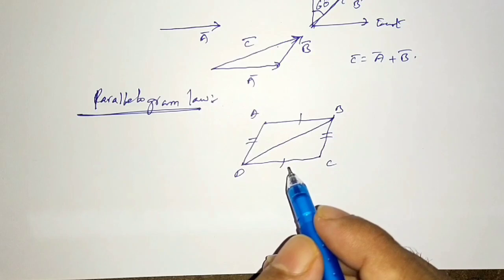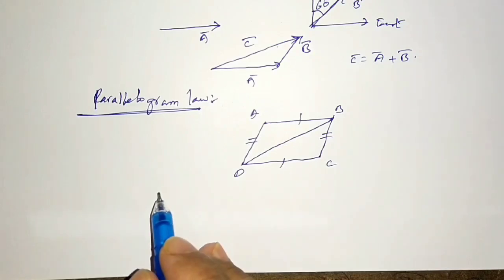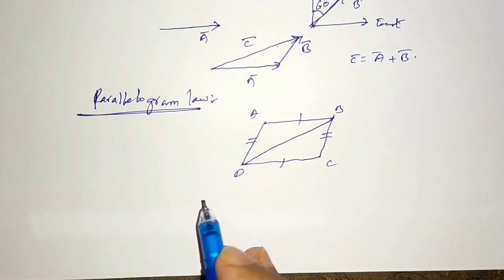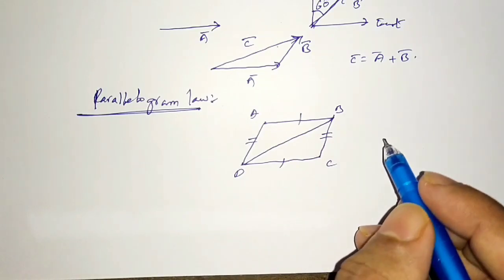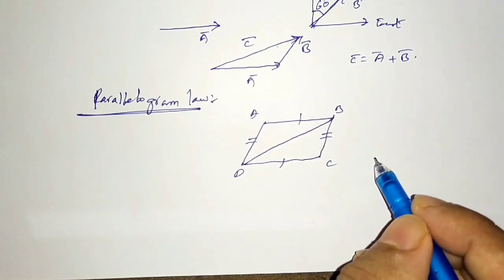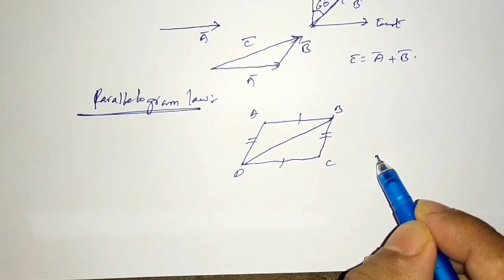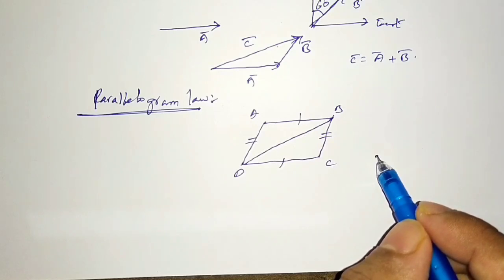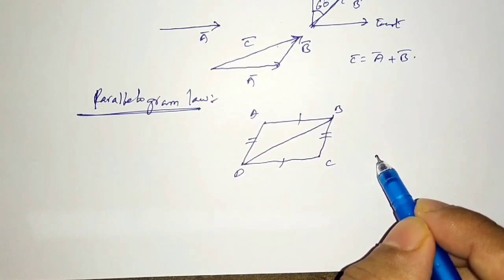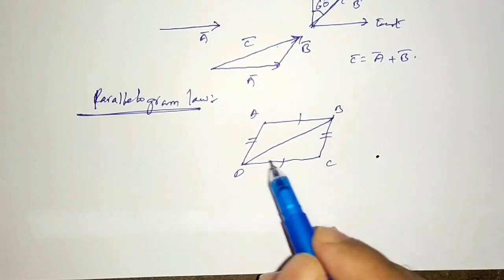Now what is the parallelogram law of vectors? Let us see its statement first. If two vectors are acting simultaneously at a point, that means, see, this is the point. From this point, two vectors are acting on a body simultaneously, meaning without any time gap. Now if two vectors acting simultaneously at a point can be represented both in magnitude and direction by the adjacent sides of a parallelogram, which are the adjacent sides?